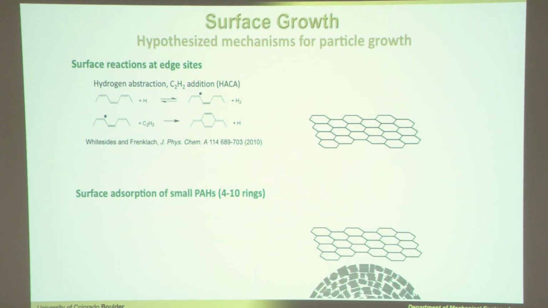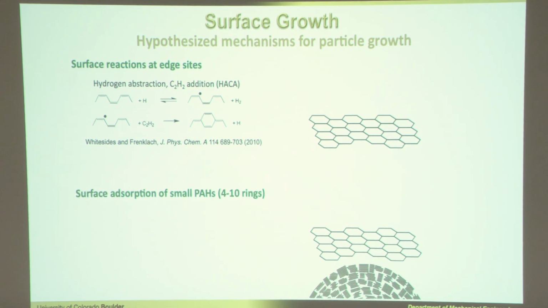Okay, so let's talk about surface growth. There are two basic mechanisms for surface growth that people talk about. One is that you have sequential growth on the surface through the HACA type mechanism, right? So you have this graphene type sheet on your surface, and you get hydrogen abstraction from one of those carbon atoms, an acetylene addition, and then you get hydrogen abstraction, another acetylene addition, and then you close the ring.